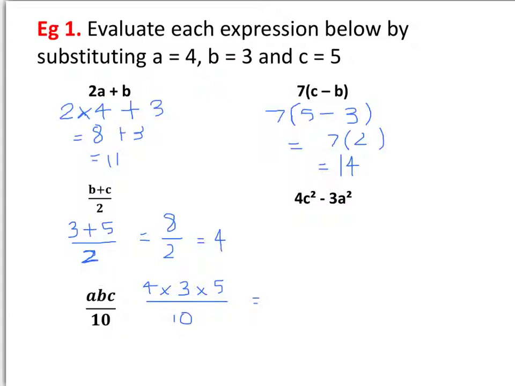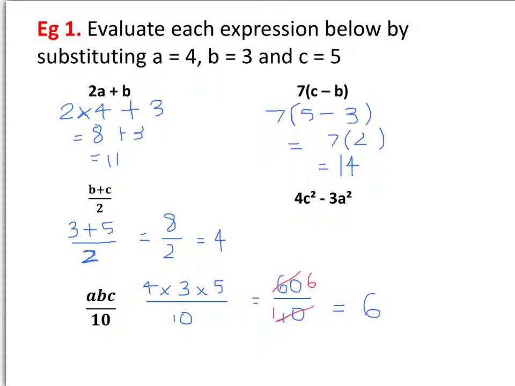So 4 times 3 is 12, times 5 is 60, divided by 10. We're going to simplify by 10 goes into 10 once and into 60 6 times. So our solution to that one is 6.